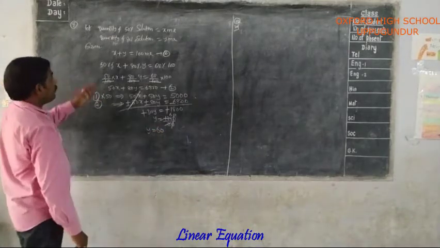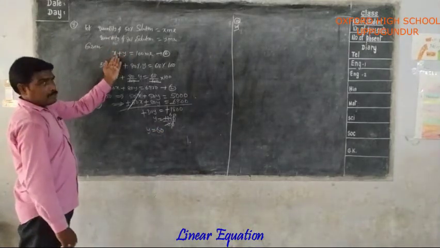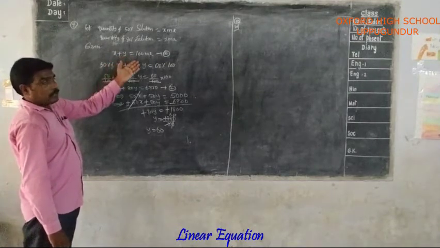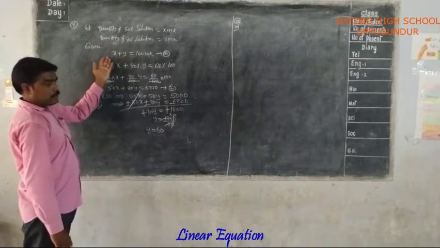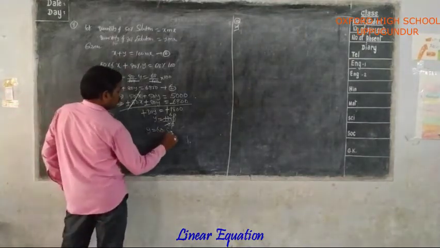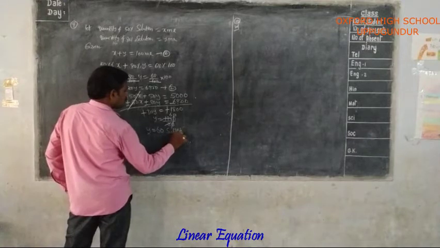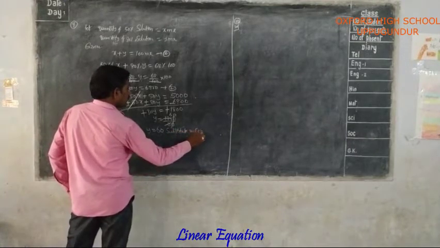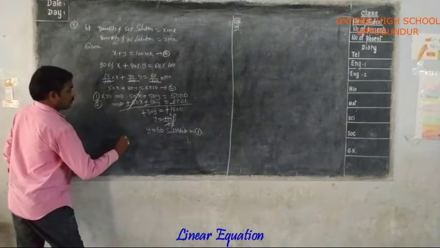So the quantity of 80% solution is 60 ml, which means the quantity of 50% solution is 40 ml. So substitute in equation 1. What is equation 1?